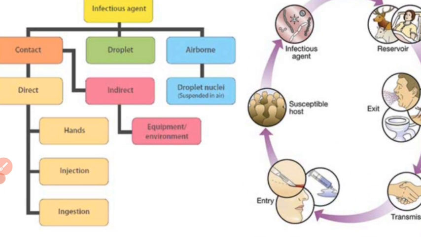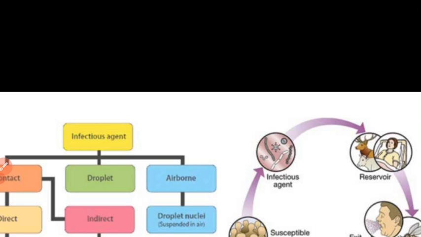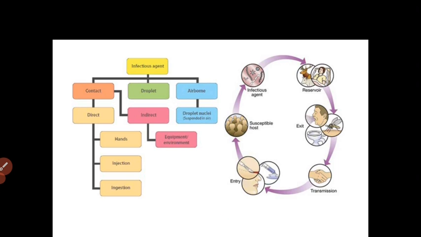In contact, it is direct contact through hands, injections, or indirect contact like equipment or any environmental factors. In airborne, it is droplet nuclei if they are present in air.